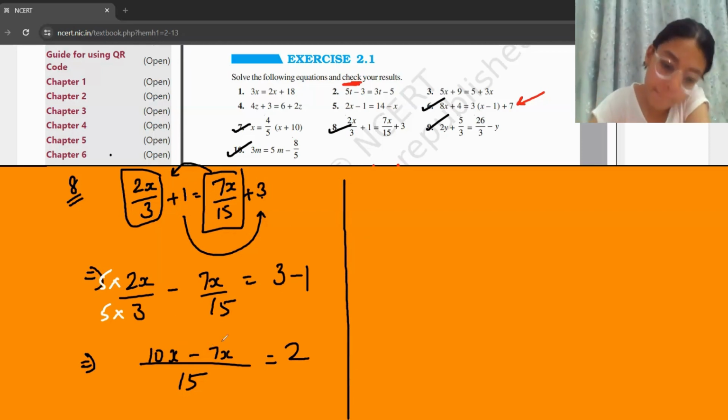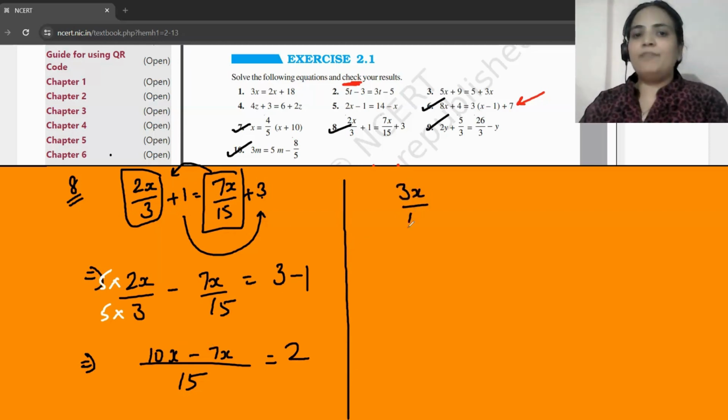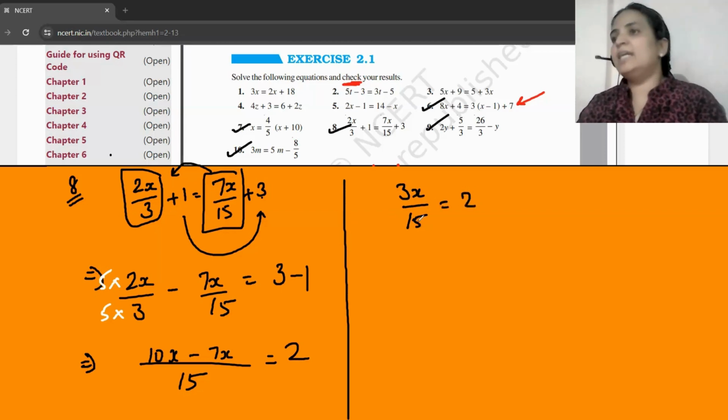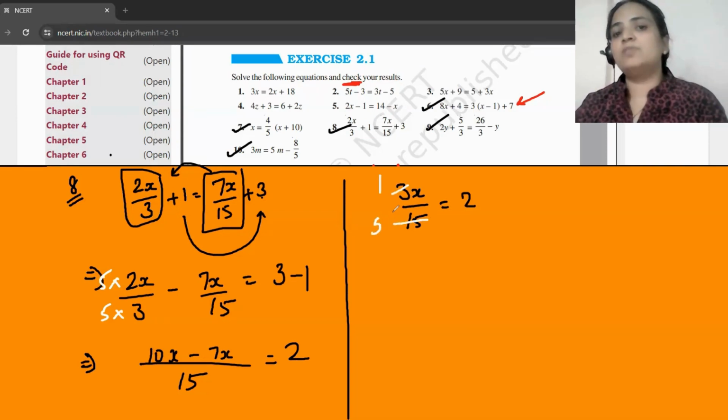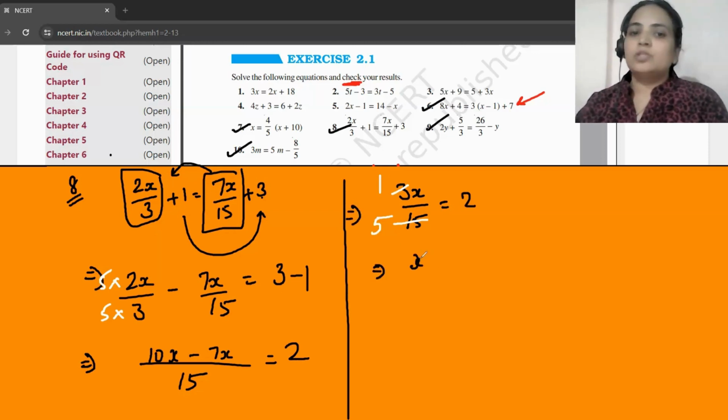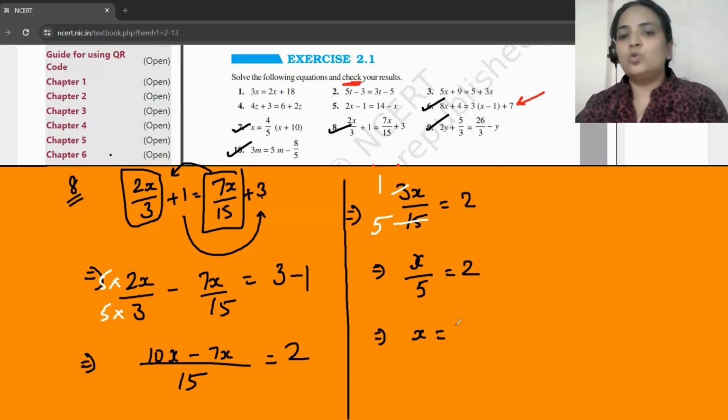Okay. Now 10x minus 7x is 3x by 15 equals to. Now look here everyone. This 3 and 15 they are getting divided and there is no plus and minus sign there. That means now you can divide them. Clear or not? So 3 times 1 is 3 and 3 times 5 is 15. Clear? So it will be x. This implies sign, don't forget writing it. So this implies x by 5 equals to. That means x equals to 2 times 5.